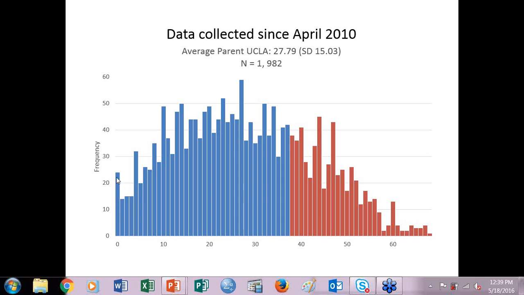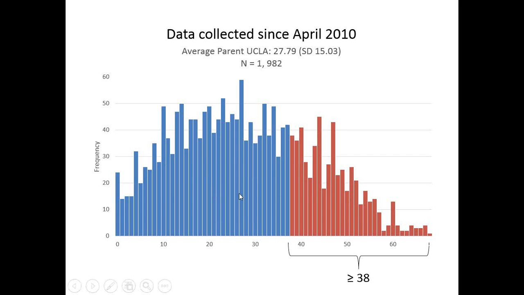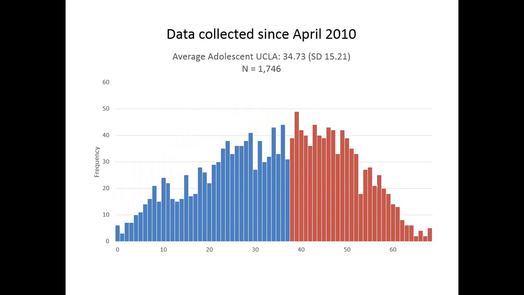The ones that answered 0, everything's fine, had a UCLA score of 0, and so on down. All right, those bars in red are the parents that reported a score of 38 or above. So keep this graph in mind.